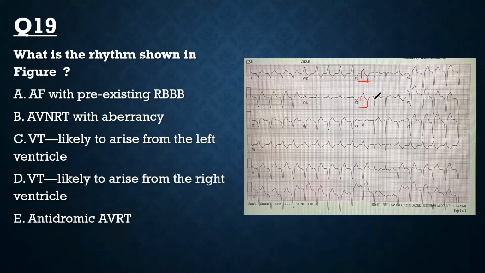It is very slow rising, with a very slow initial part of the QRS complex. So we will find the initial part of the depolarization is more than 100 milliseconds, which supports the VT.